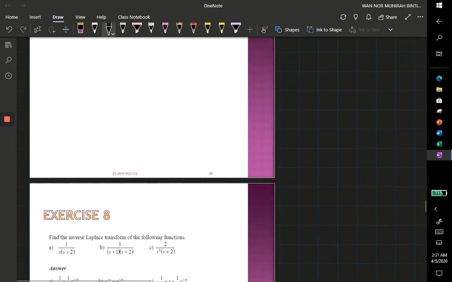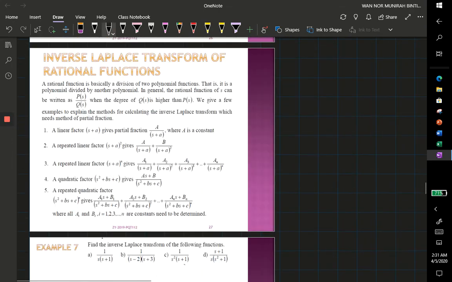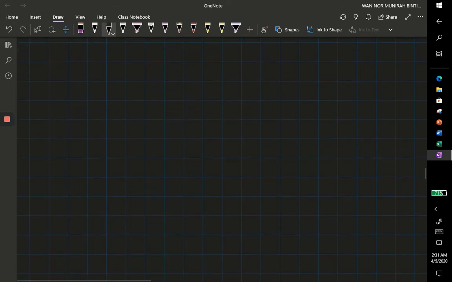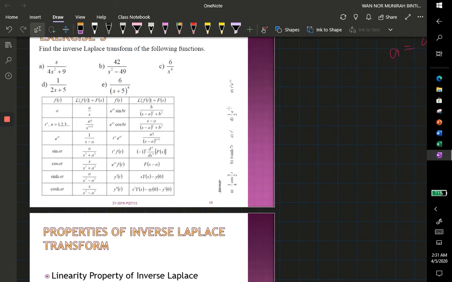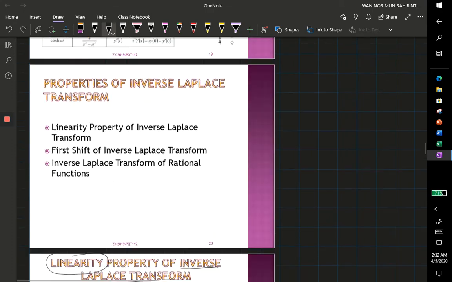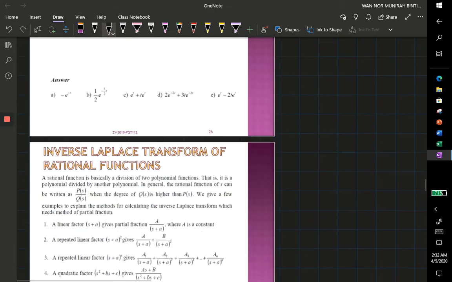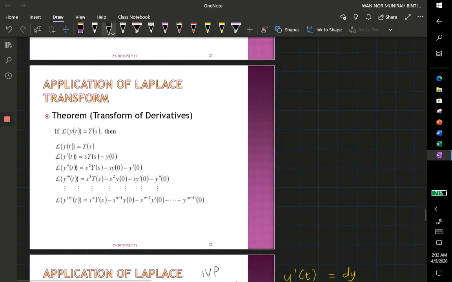As you can see on the table of Laplace transform, now your y prime is this one. When you transform y prime, you have sY(s) minus y(0).